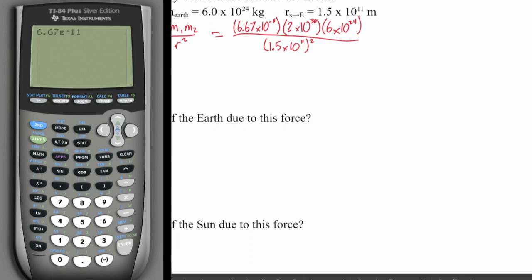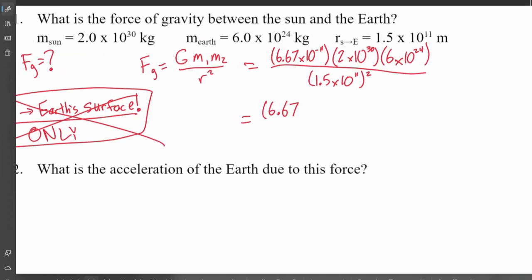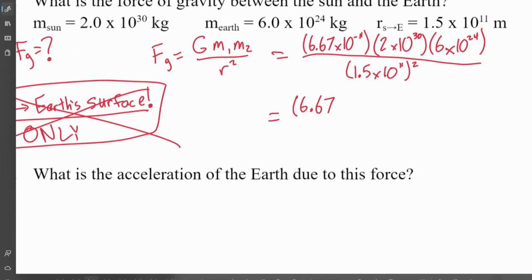That gives me this 6.67 times 10 to the negative 11. So when I'm typing all these over here, because I just like to write things quickly, I'm a little lazy sometimes, instead of writing times 10 to the negative 11, what I will typically do is write E minus 11. This means 6.67 times 10 to the negative 11.